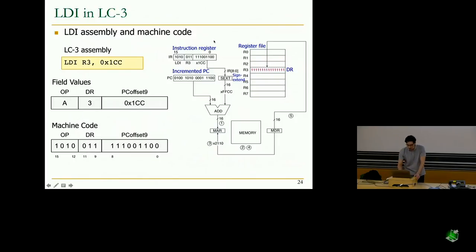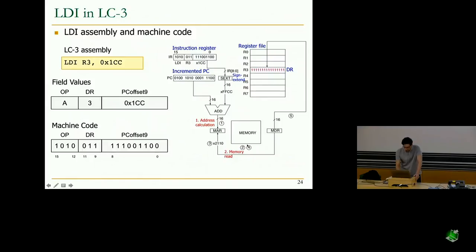We have our instruction register. This is the literal PC offset 9, the incremented PC, same as before. We calculate one address that is stored into the MAR. We are going to access this address in memory.